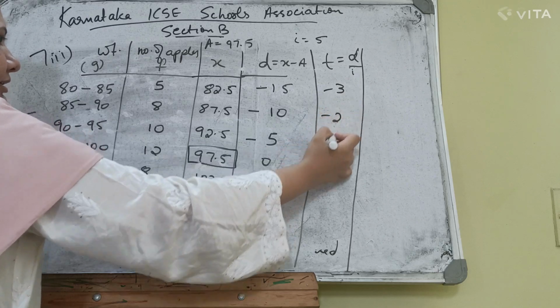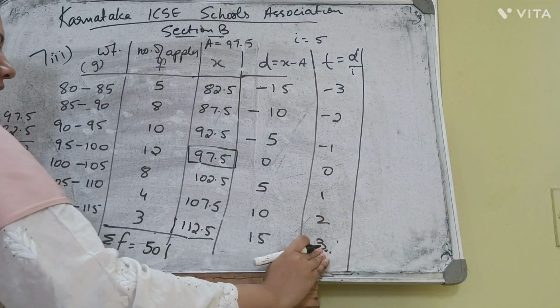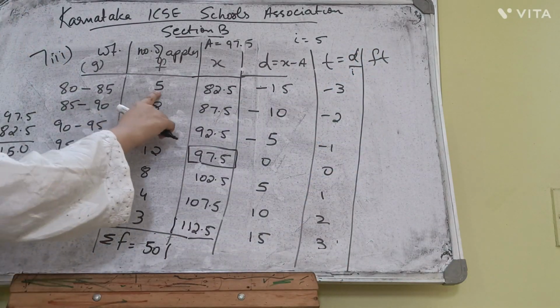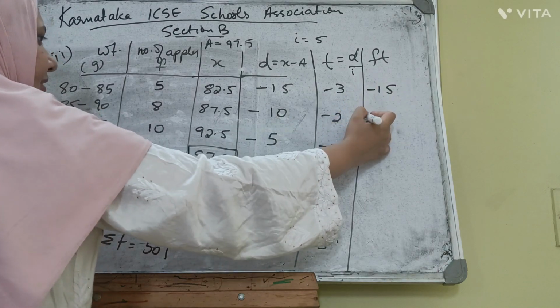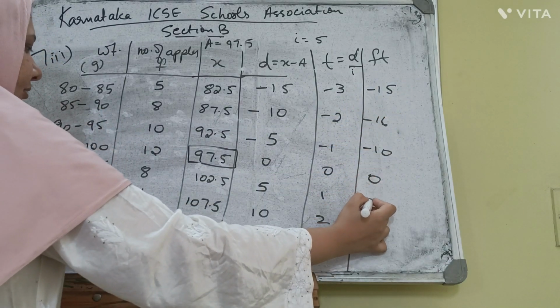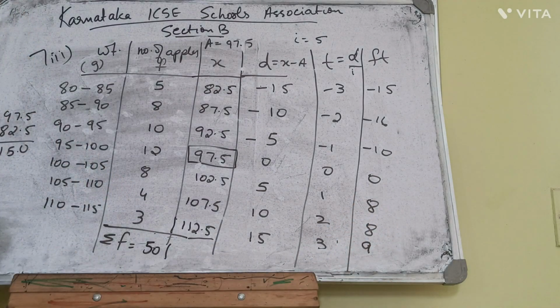So 15 by 5 is minus 3, and here minus 2, minus 1, 0, 1, 2 and 3. Last column is ft. So f into this t value. So 5 minus 3 is minus 15, minus 16, minus 10, 0, 8, 8, 3 3s are 9.